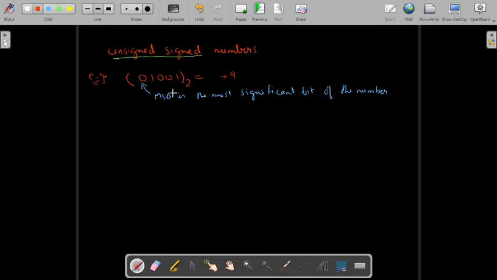So in case of unsigned numbers, this MSB has its own specific purpose and it has its weight here, because if we replace this 0 by 1, the value of the binary number will change. Now it represents plus 25.